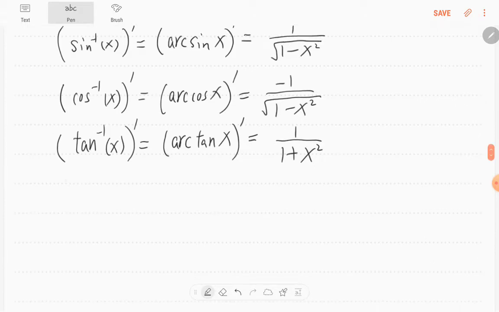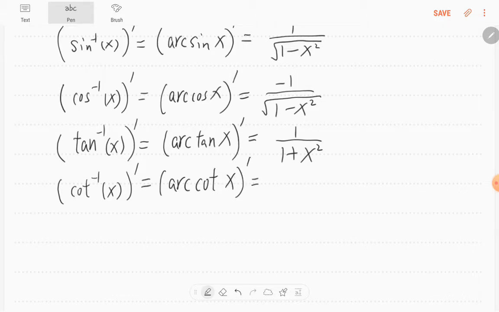Then we have cotangent inverse, or arc cotangent. Take the derivative, it's equal to negative 1 over 1 plus x squared.